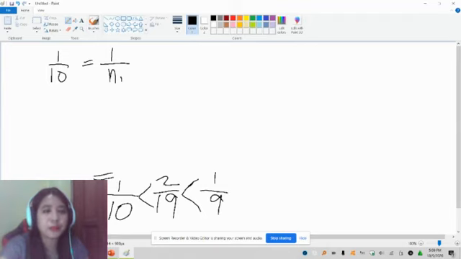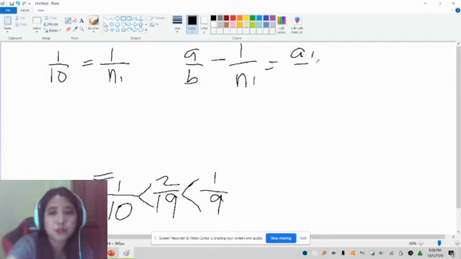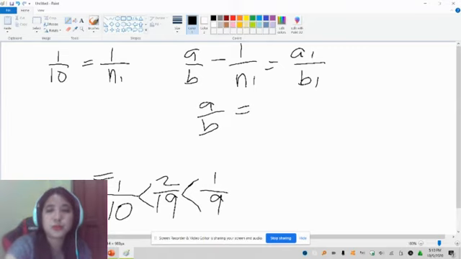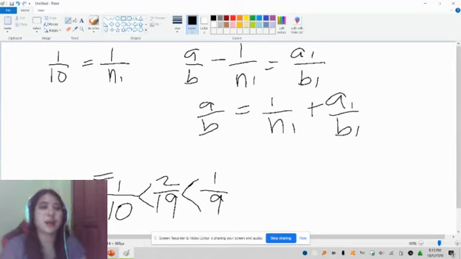In the formula, if you have a over b, we deduct the 1 over n sub 1 to come up with the value a sub 1 over b sub 1, and a over b is equal to 1 over n sub 1 plus a sub 1 over b sub 1. That is the procedure in our PowerPoint presentation, and that is what we're going to do here.